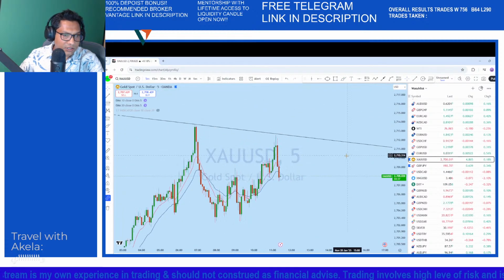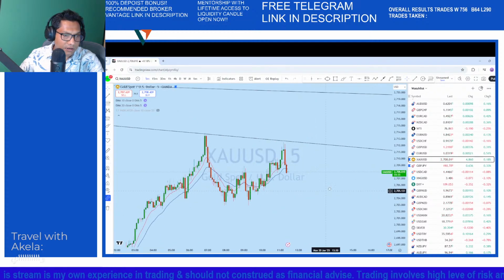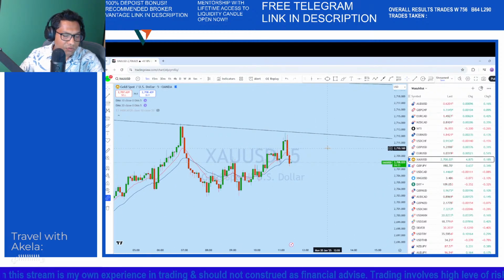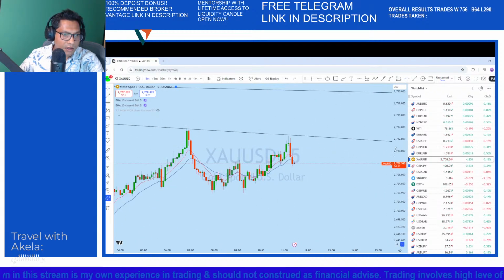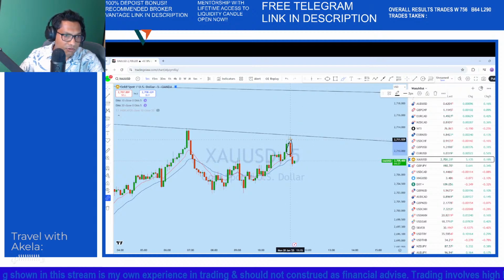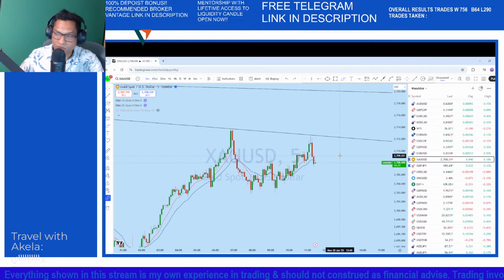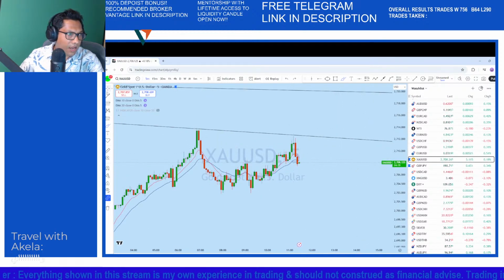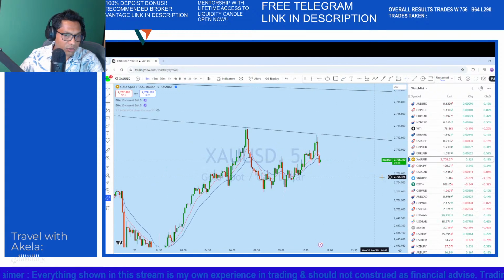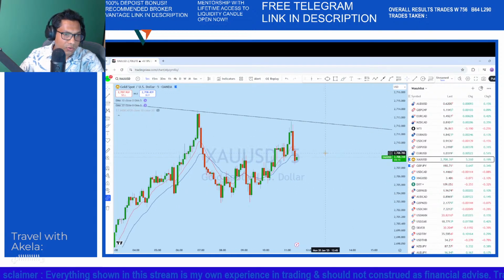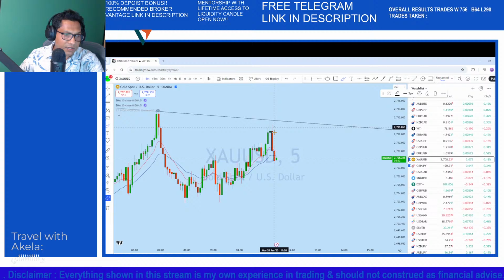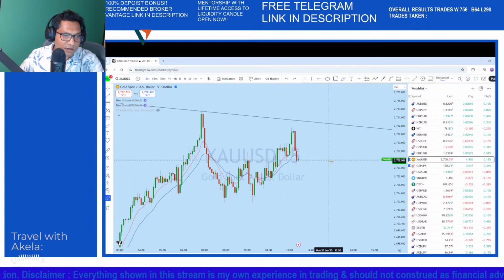In that downtrend we can see bearish price action here, another bearish price action, back to back two bearish candles, and after those the market has dropped so far.